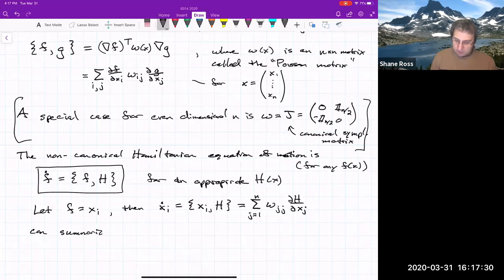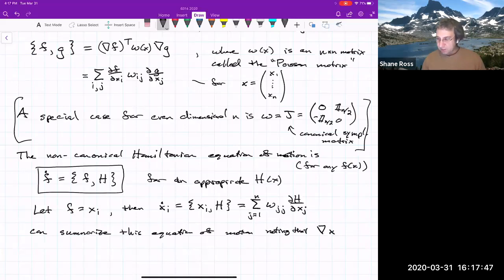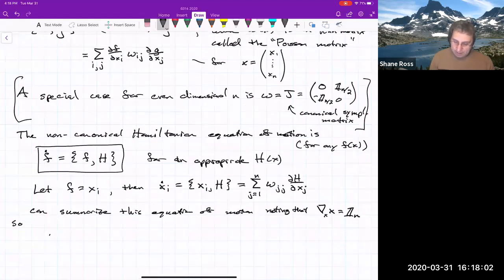We can summarize this equation of motion, noting that if we were to take the gradient of x with respect to x, this is just giving us the identity. We're in n-dimensional space, so it's the n by n identity. So x dot, all the components change according to this, omega x times gradient h.